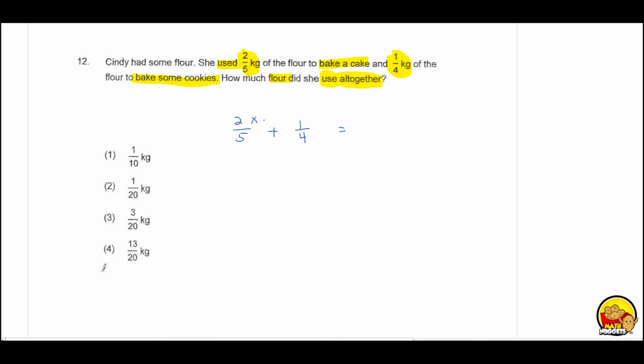But first we need to change to the same denominator. Remember, when you're adding or subtracting fractions, you need to change them to the same denominator. So the lowest common multiple of 5 and 4 would be 20. So I changed the denominator to 20. So this adds up to 13 out of 20, and the answer is number 4.